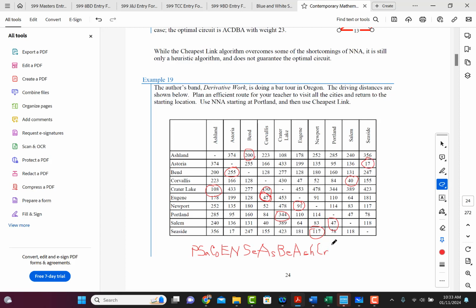So it looks like 1266 is the total, if my math is correct.